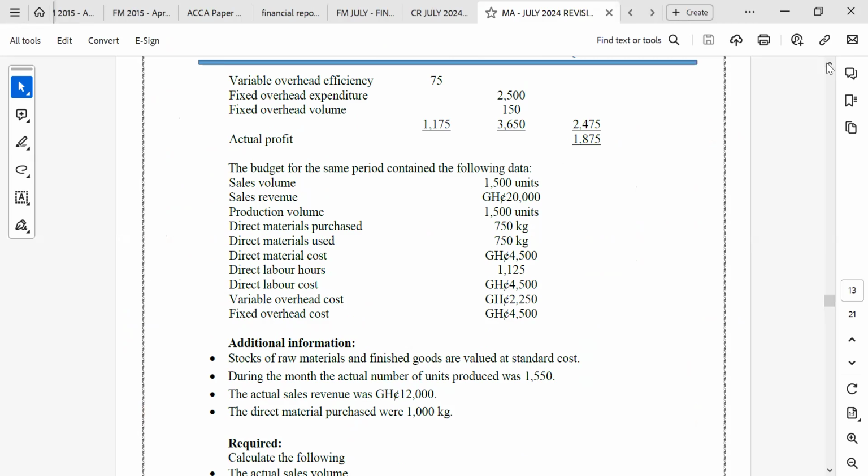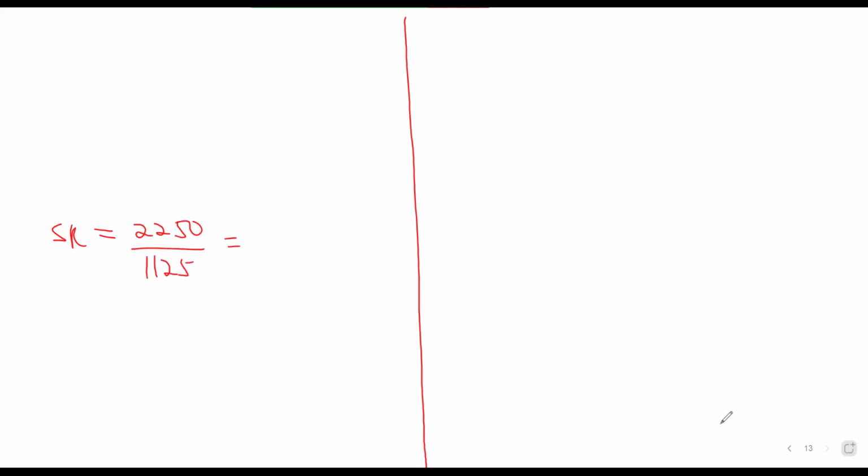These are budgets. As soon as you find a cost per unit, that will now give you a standard. So those total figures given to you are budgets, but as soon as you find a figure per unit, then it is a standard. So our standard rate will be equal to the 2,250 divided by labor hours, since variable overhead varies with the level of labor hours.